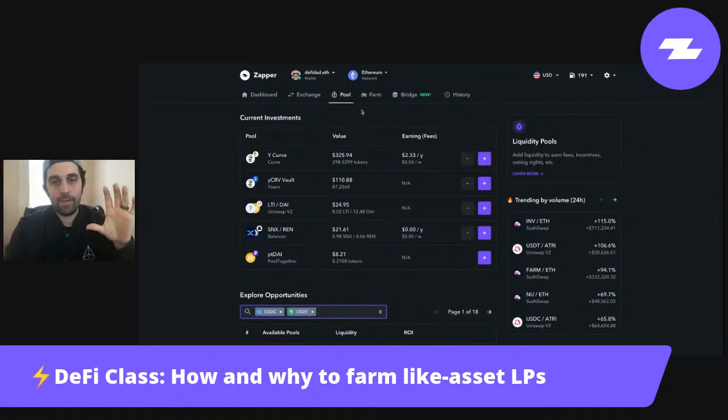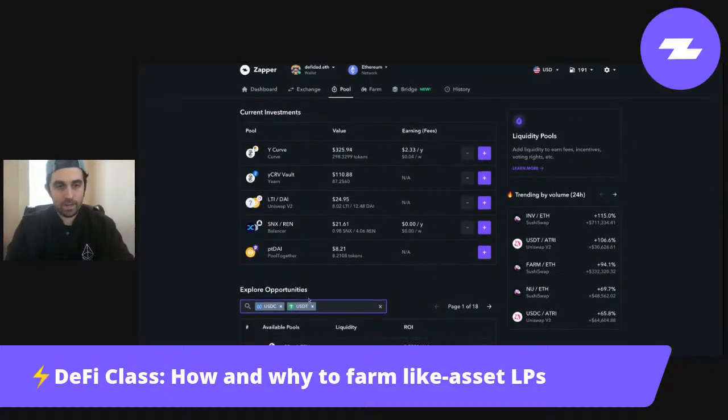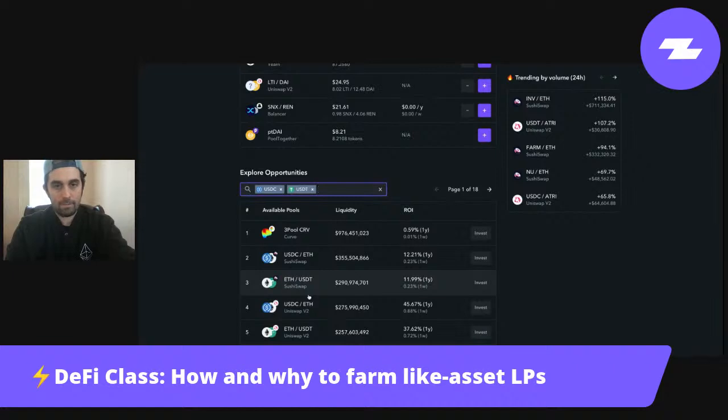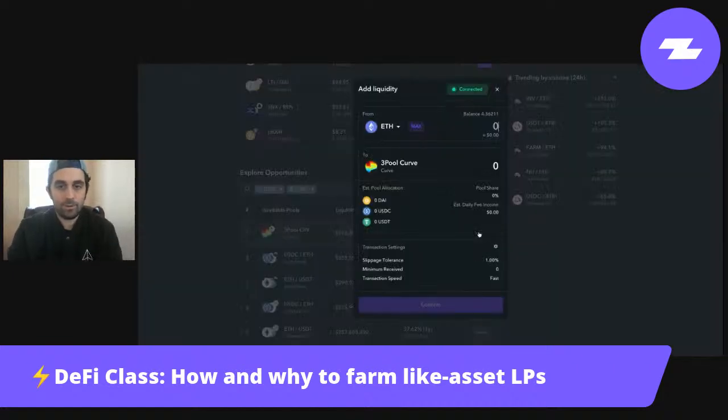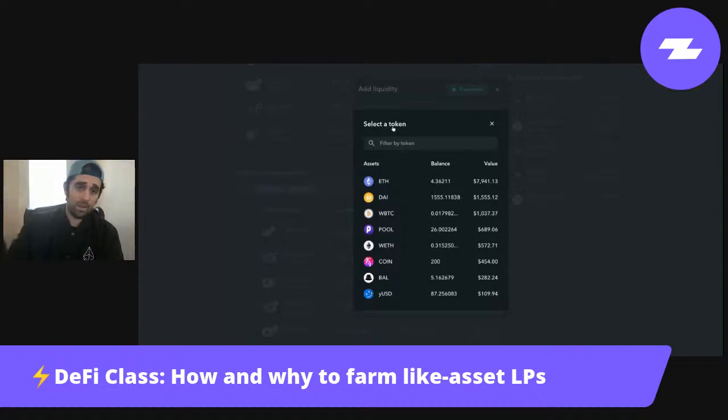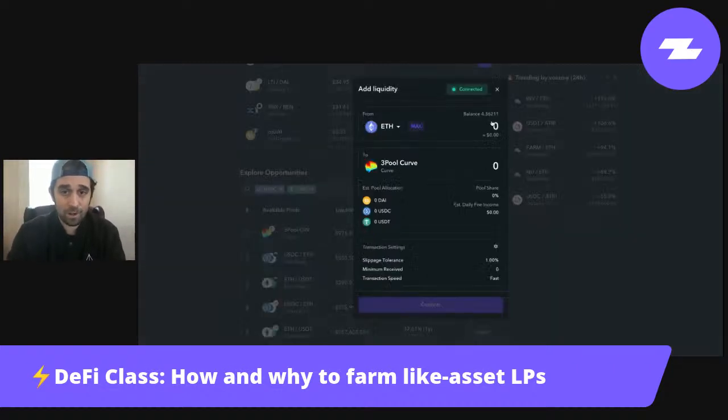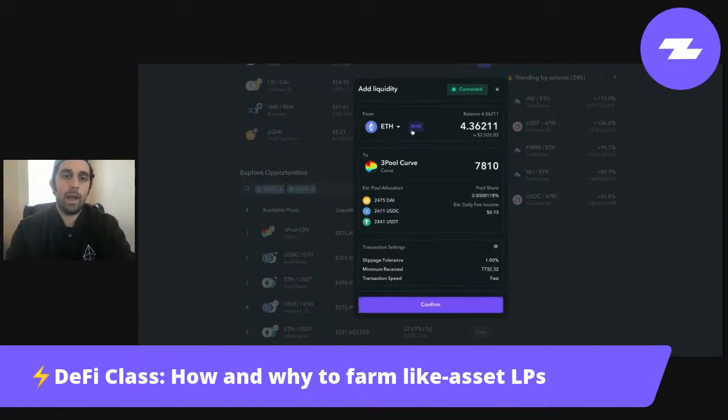And then if I do find that opportunity here in the pool tab, all I have to do to invest in that is go here. I can choose from any token I've got in my wallet. I don't even have to start with the underlying tokens. DAI, USDC, and Tether are what make up this 3-pool Curve pool.